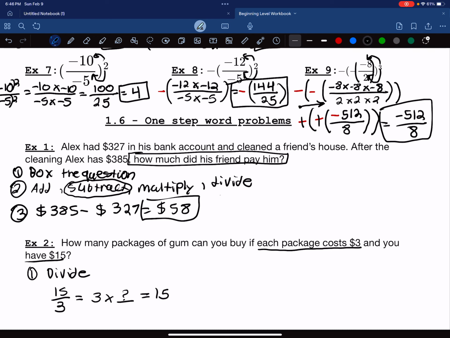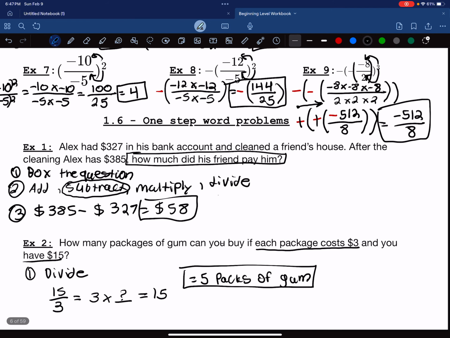And 3 times 5 equals 15, so therefore 15 divided by 3 is 5. So in total, we can get 5 packs of gum with $15.